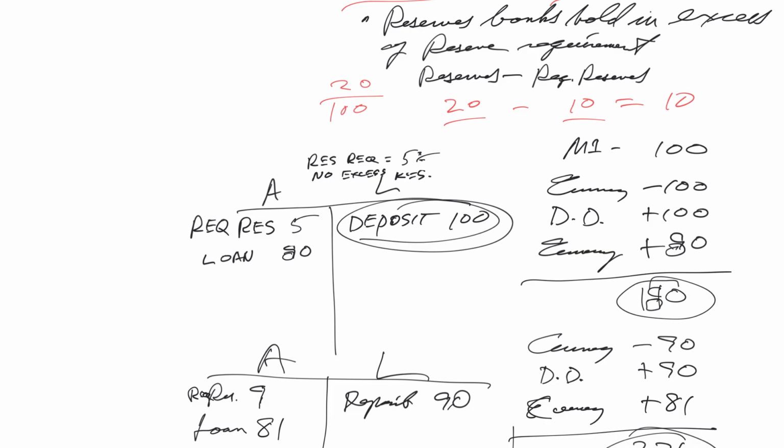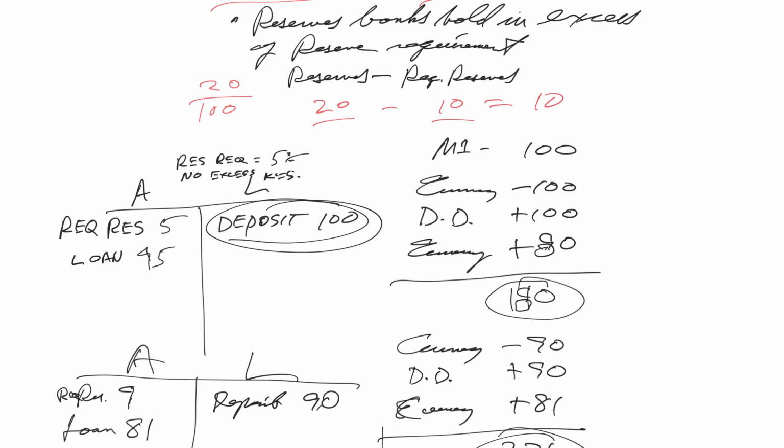And the loan, if they're holding no excess reserves, can now be $95. That means this first round is going to be 95 for that loan when they lend out.